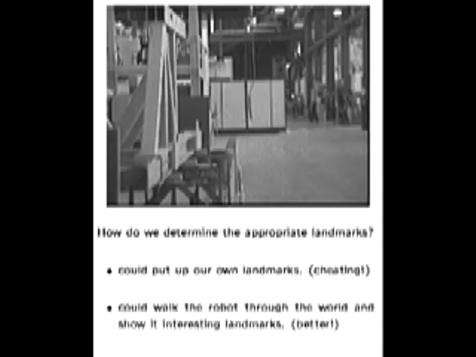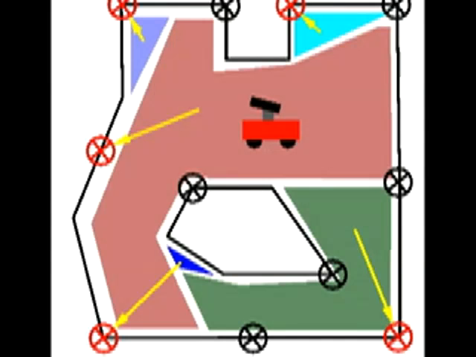And just very briefly, to give you an idea of what this problem is, consider this a floor map of an environment here in black. There's some obstacle here. And these crosshairs here are landmarks. These are things that the robot can detect in an image. So what we want to do is choose some subset of these landmarks such that the contiguous regions that can see these landmarks are minimal in number and maximal in size.